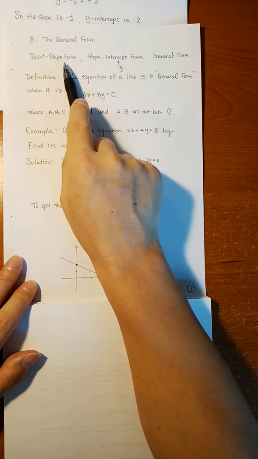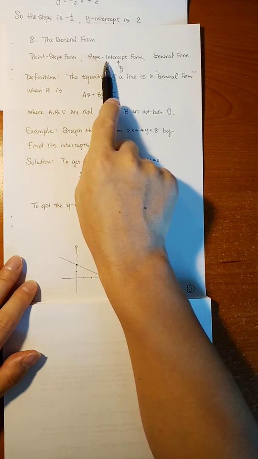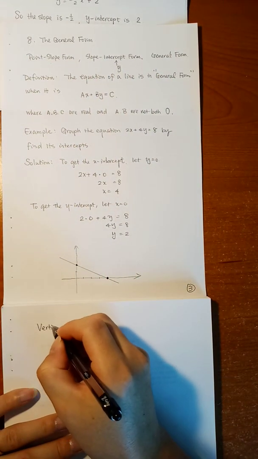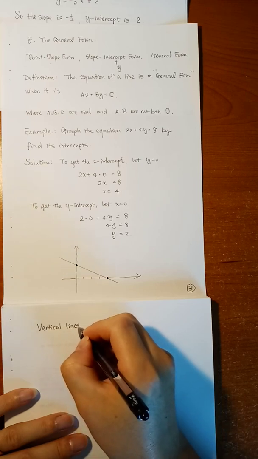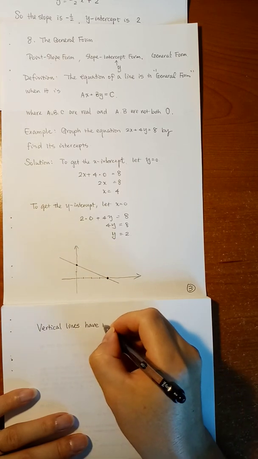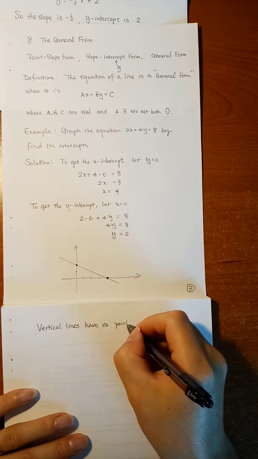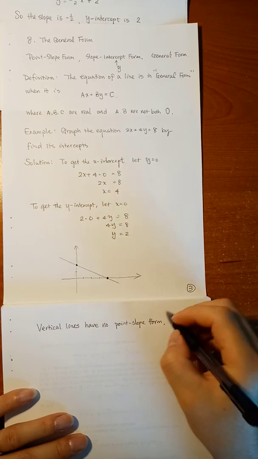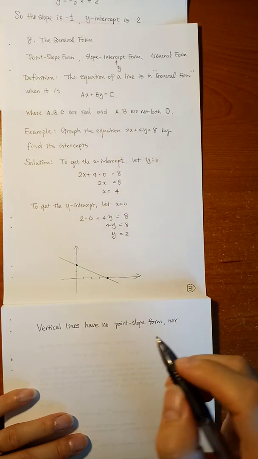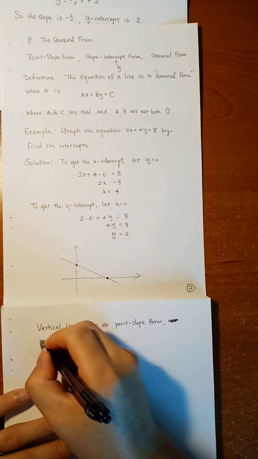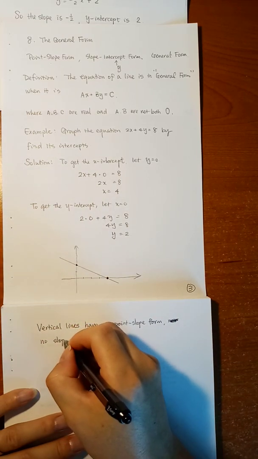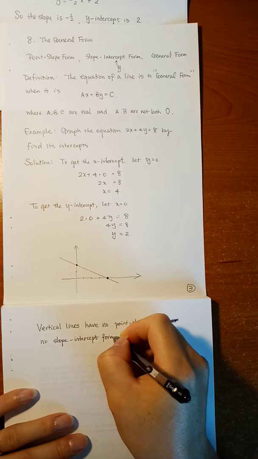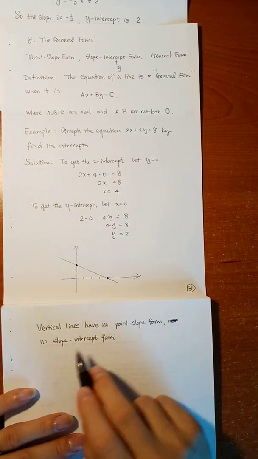So vertical lines do not have point slope form and slope intercept form.